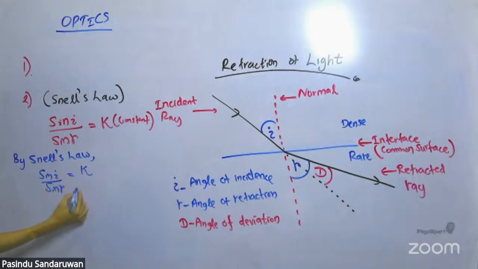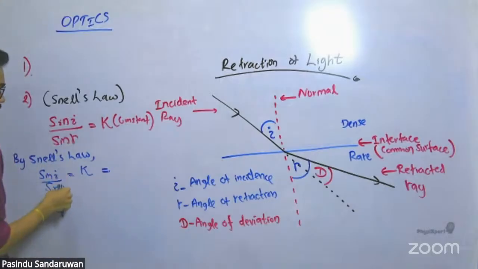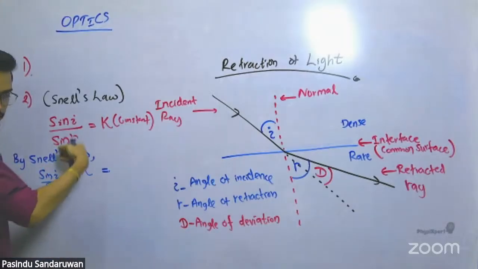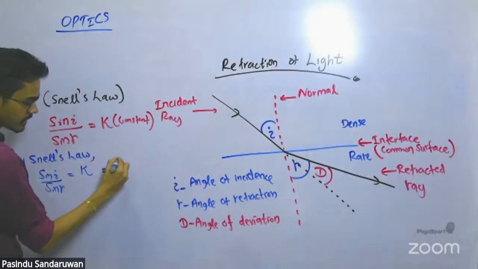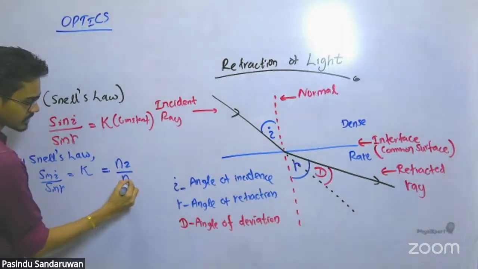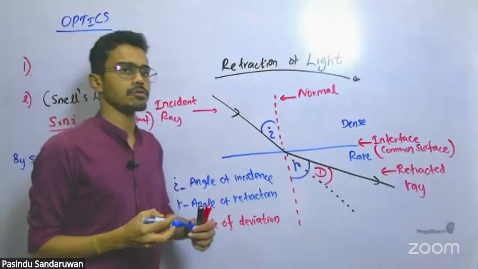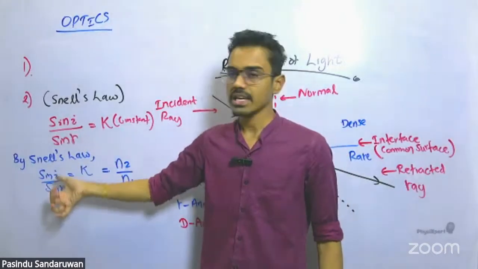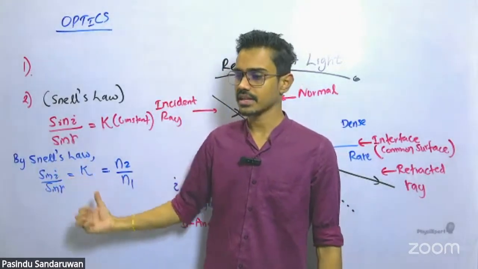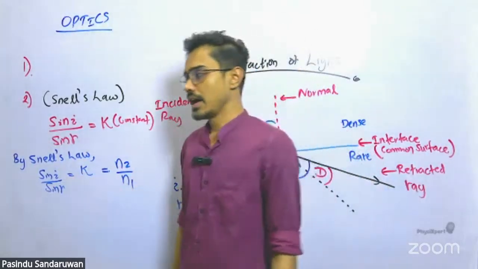After several researchers, Snell found experimentally that the ratio between sin I and sin R is the same as the ratio between refractive indices, and K was replaced by N2 over N1.